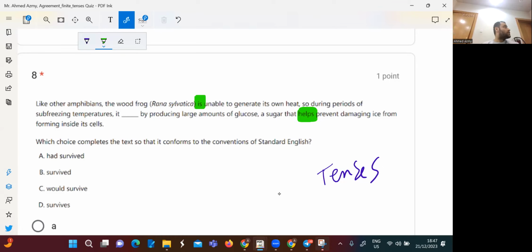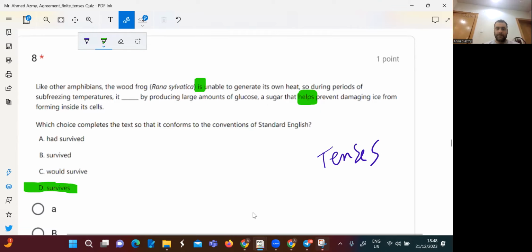Present. So where is the present one to create consistency? Survives. And also, this is science. We are presenting scientific information and facts. Facts and science, present simple.